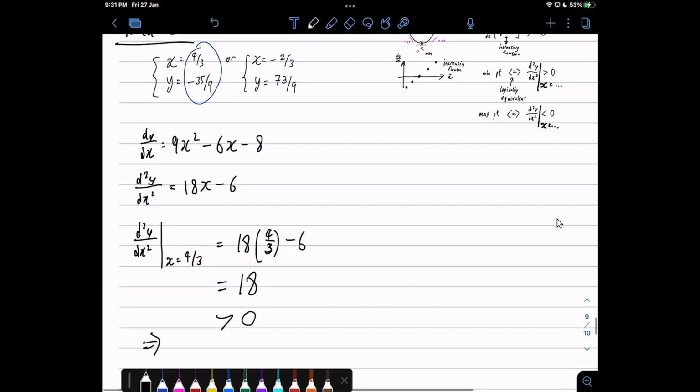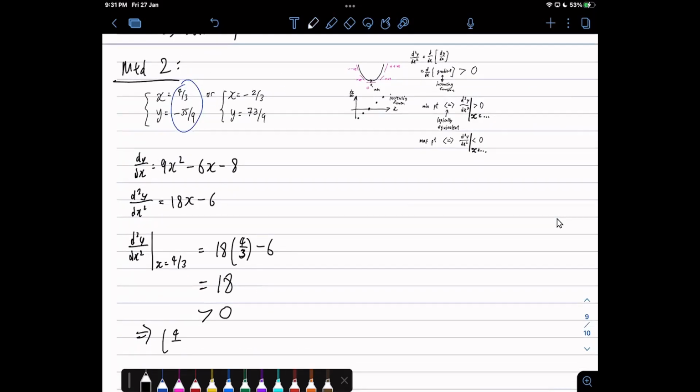Conclusion is, 4/3 comma negative 35/9 is a what point? PT is point. More than 0. Mike test, are you there? Yeah. More than 0, d2y by dx squared means it's a what point? Increase.